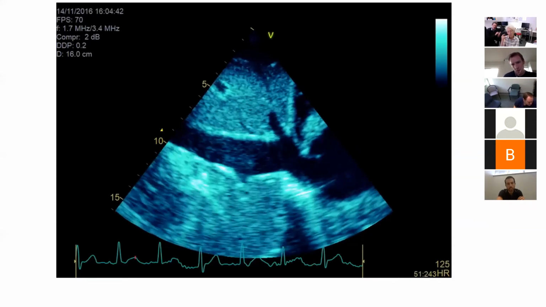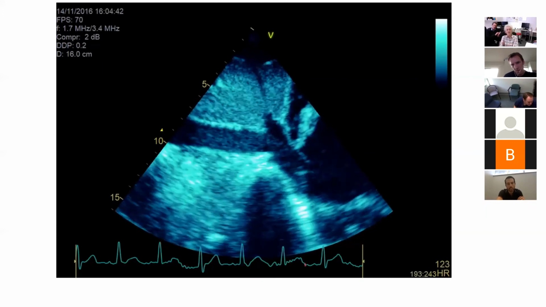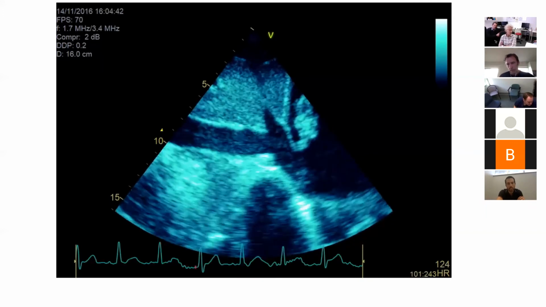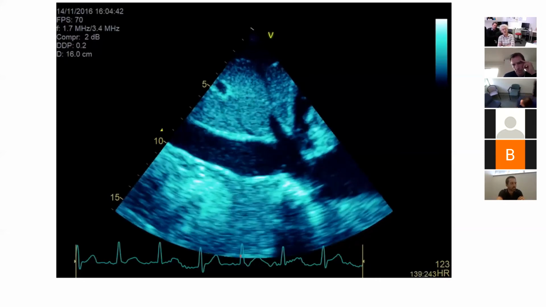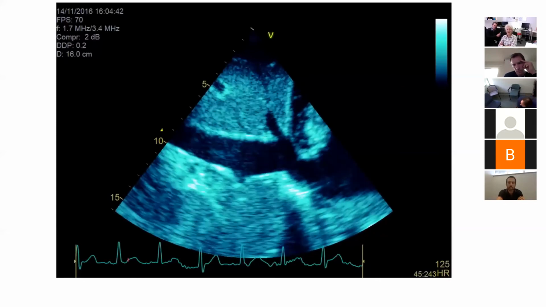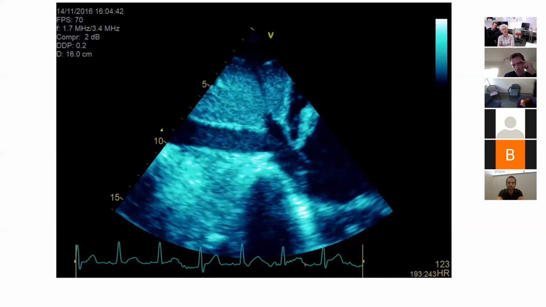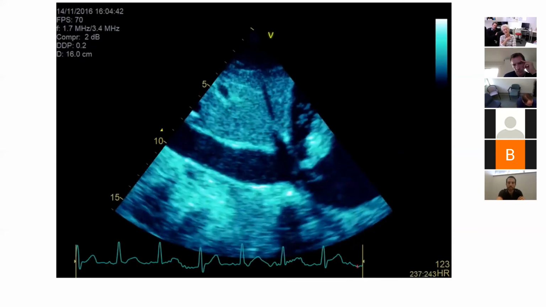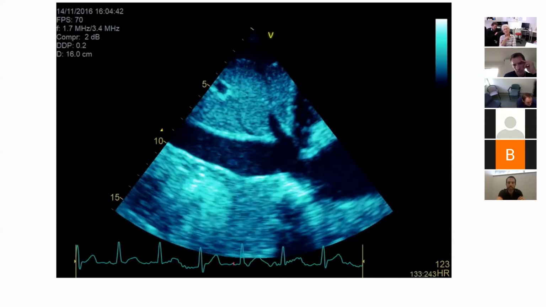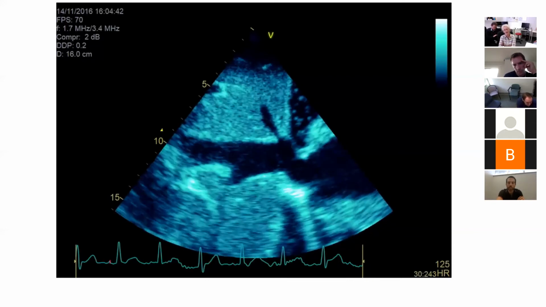Yeah. So we've decided, in summary, then, that this 37-year-old has a pericardial effusion, which has exudative properties in that we see speckles, echogenic masses inside the pericardial effusion, and we would be worried about infection.